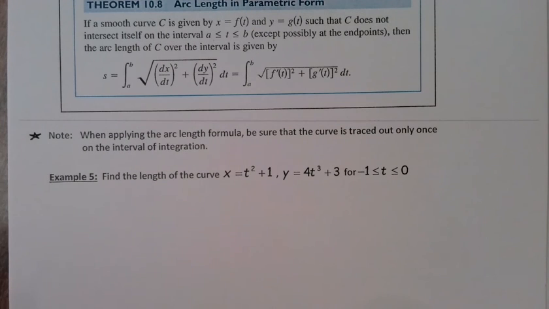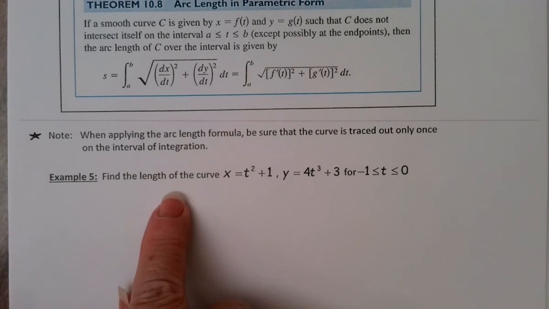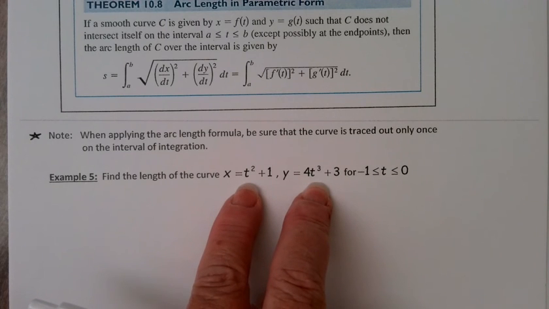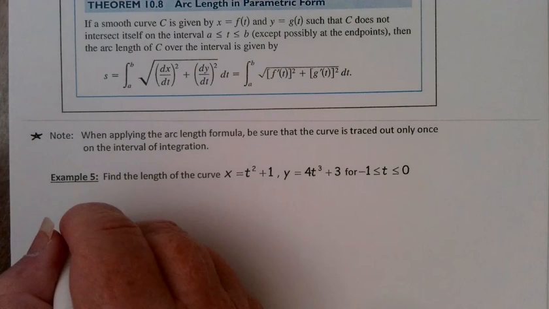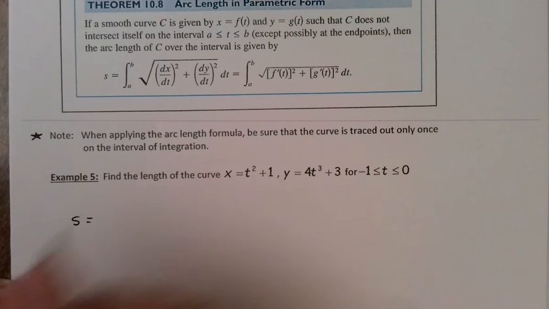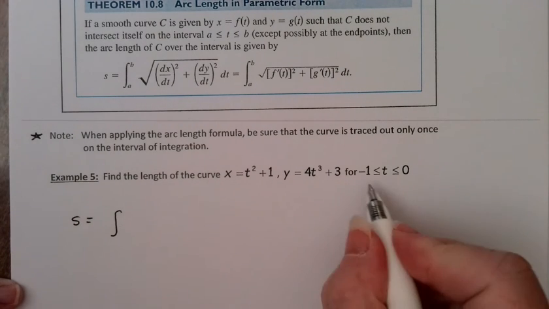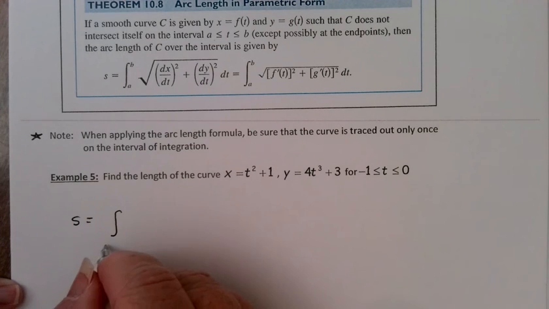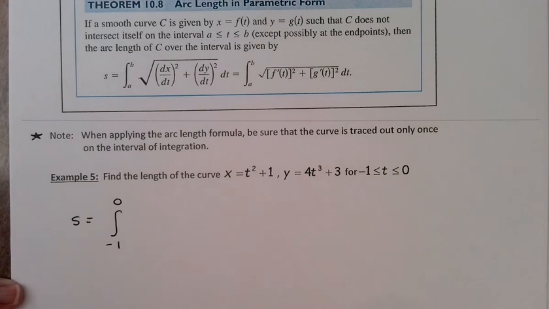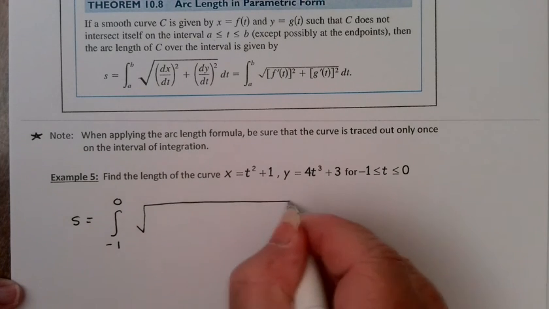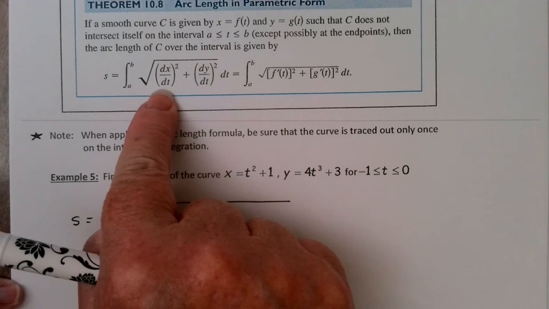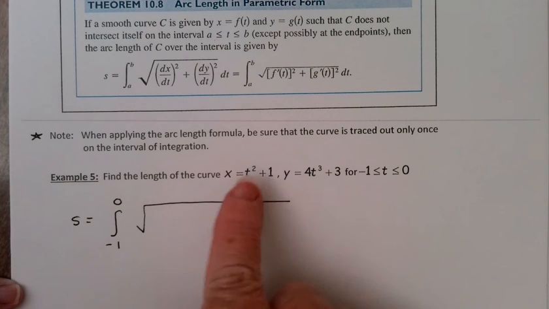All right, here we go. Example 5. I would like the length of the curve defined parametrically by the x and y equations here for t goes from negative 1 to 0. So our arc length s is the integral, and I'm given the t values, so I'll just go ahead and plug those in from negative 1 to 0 of the square root of dx dt squared.